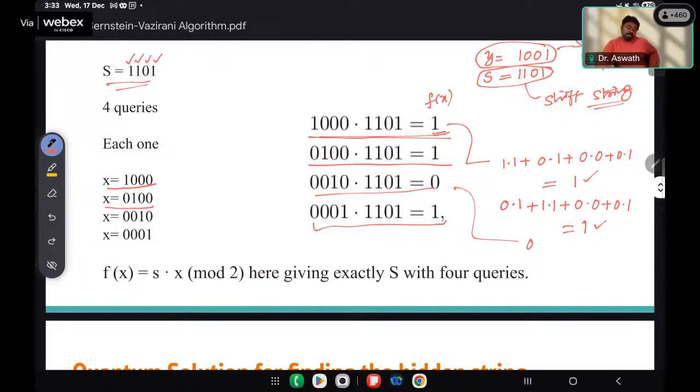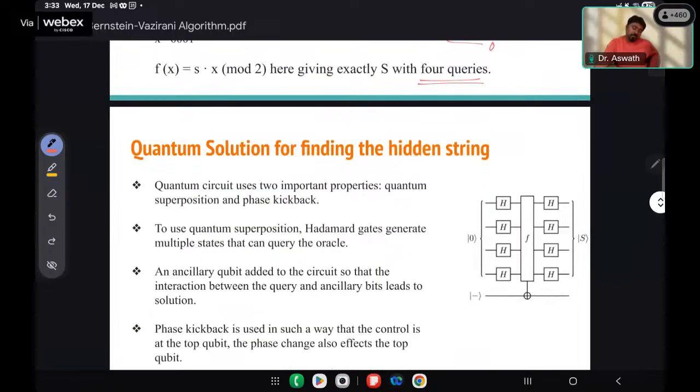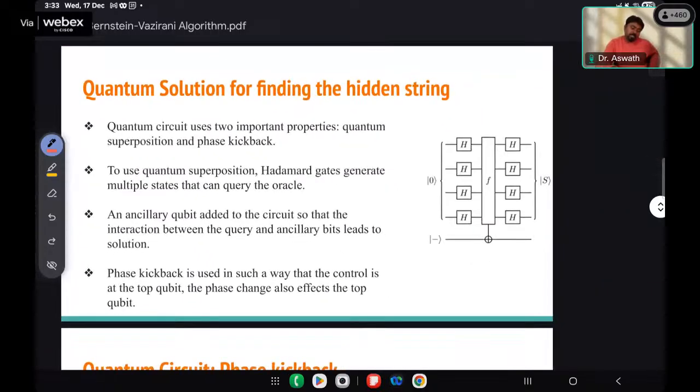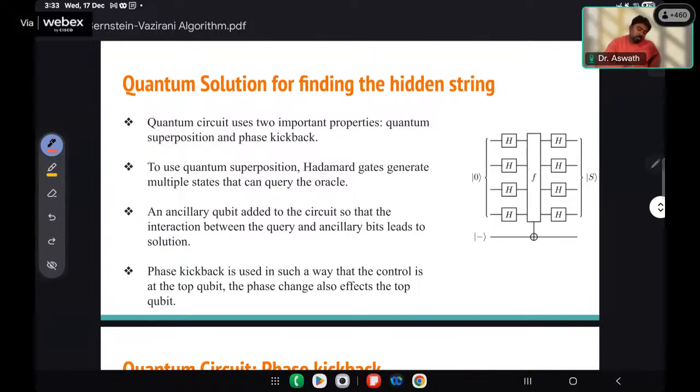So this is a classical algorithm. At the most, it definitely requires 4 queries. Now what the quantum algorithm says is, if I use this quantum circuit with a phase kickback, it uses two important properties: superposition and phase kickback.